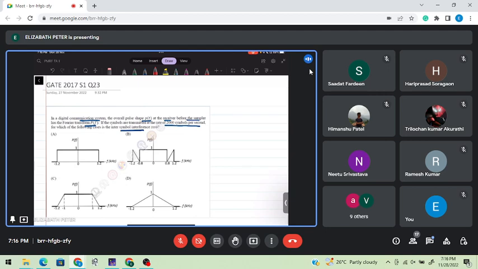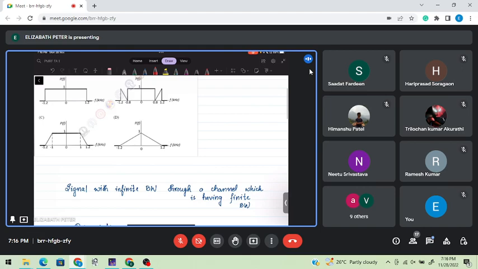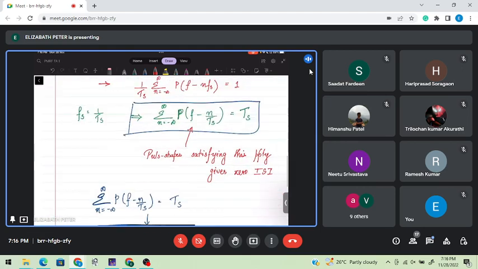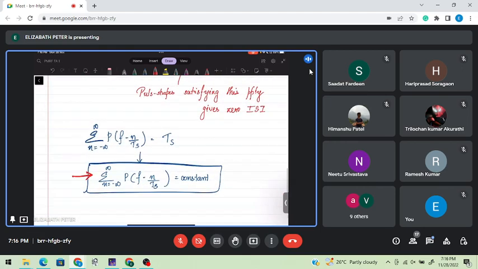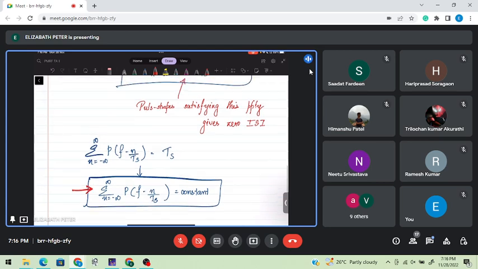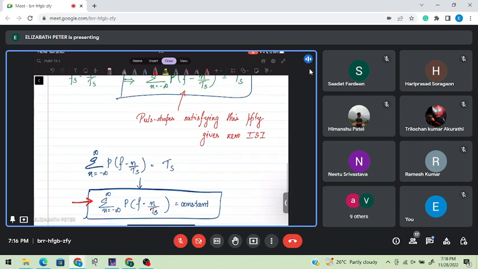Let's take option A. P of f is a rectangular pulse. Before that, we need to calculate what Ts is, because we are shifting by it.